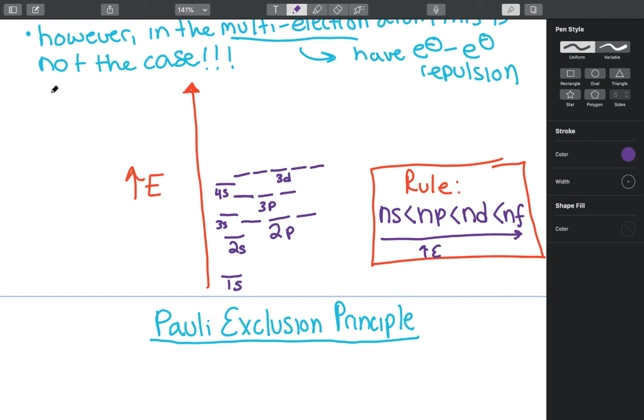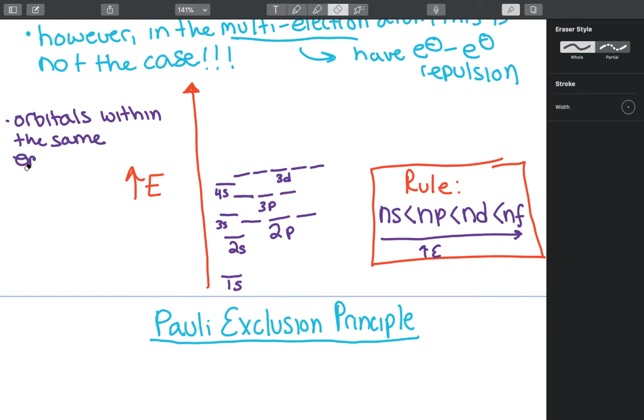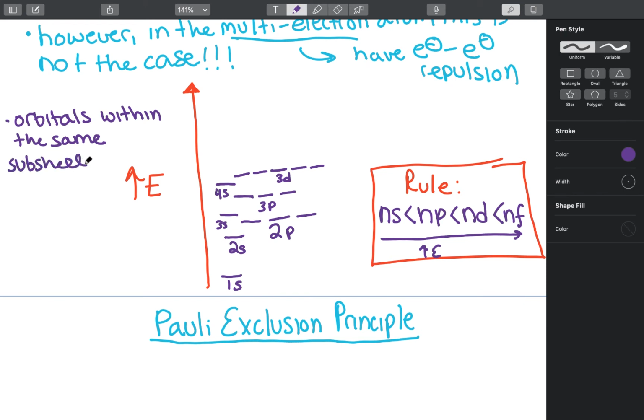So orbitals within the same subshell are degenerate.